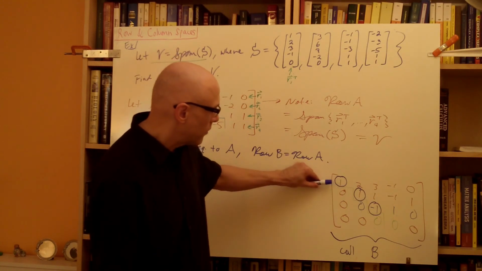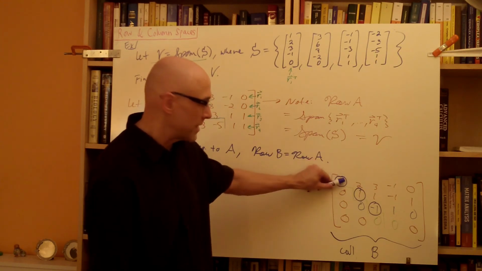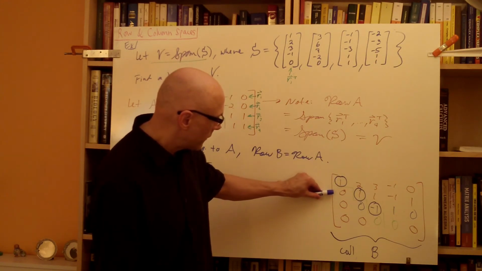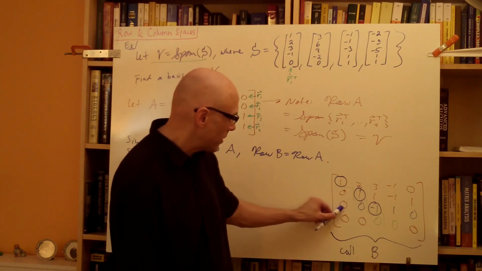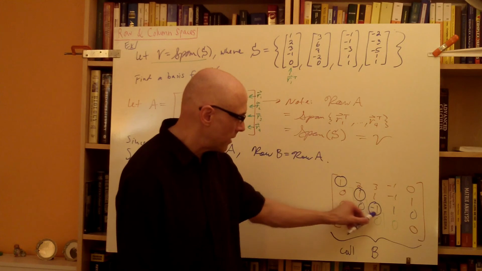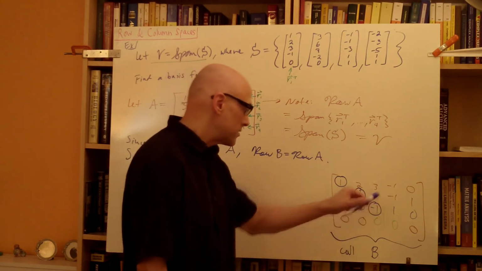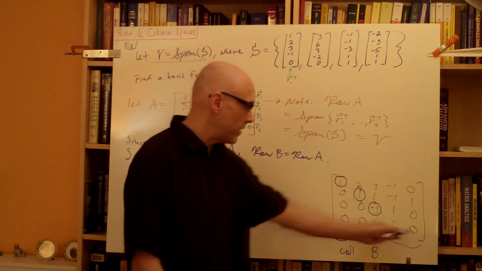So for the first row, the first non-zero entry is the 1 here, so that's the pivot. The second row, the first non-zero entry is this 1 here, so that's the pivot. Third row, you have to go in a little deeper and get to this -1, which is non-zero, and that's your pivot for the third row. And then there's no pivot for the fourth row.